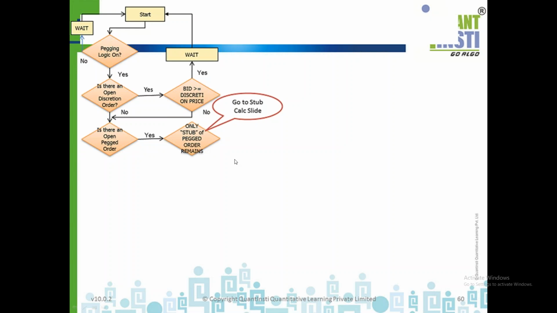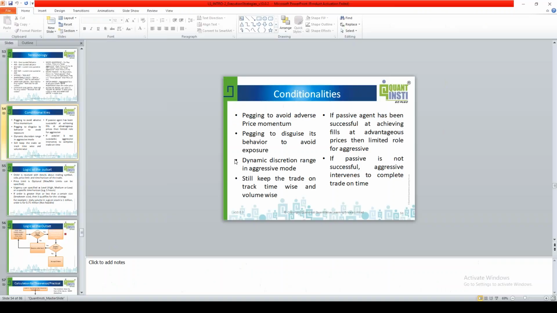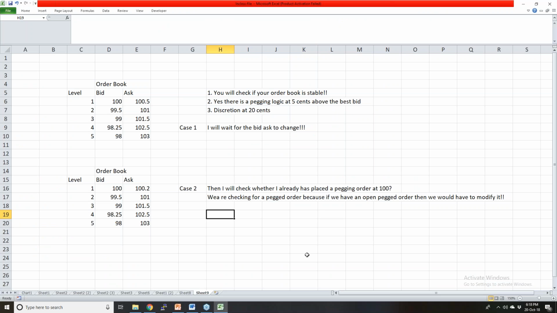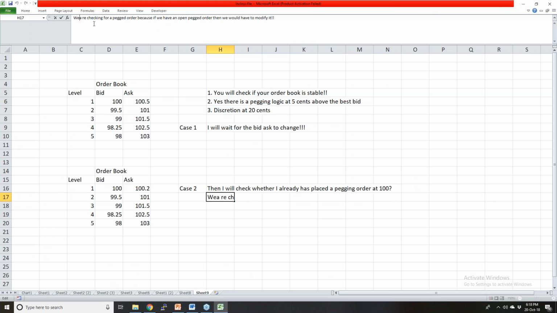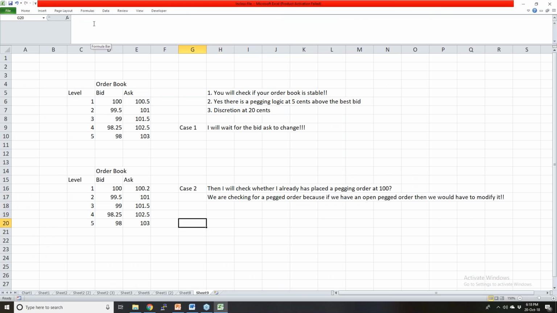Stub basically means there was a partial fill on your order. A stub is a partially filled pegged order that remains, and there are some conditions, which I will discuss.